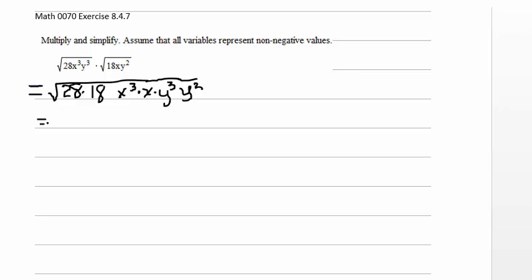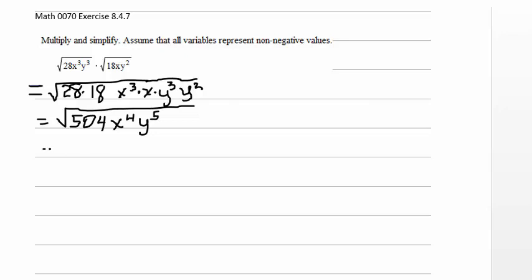So this is equal to the square root of 504 times x to the fourth times y to the fifth.